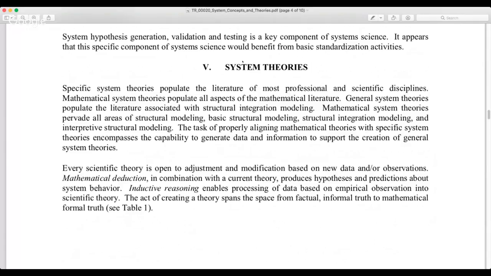Because you can generate data all day long, but no one knows what it means. So I think that's a key design criteria for this type of activity in system sciences.